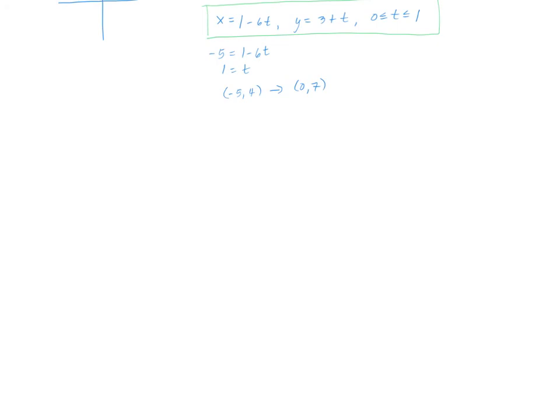I'm starting at -5, 4, I'm ending at 0, 7, so my slope is going to be 7 minus 4 over 0 minus -5, which is going to give me a +3 over a +5. So this is my b over a.